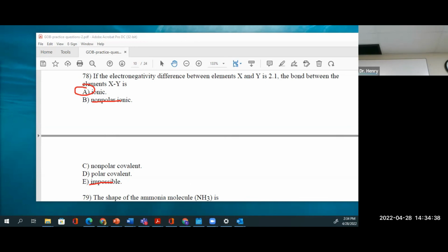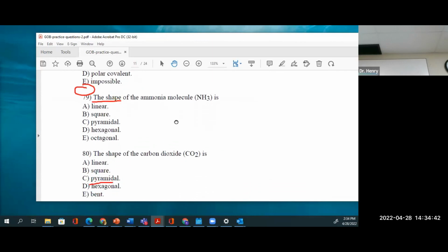Okay, shapes. We'll stop at 80, and then we'll only have 20 left. The shape of the ammonia molecule is A, linear, B, a square, C, pyramidal, D, hexagonal, E, octagonal.